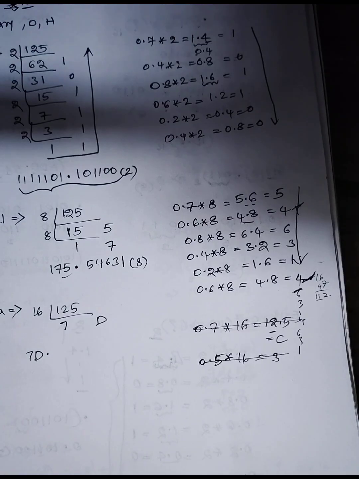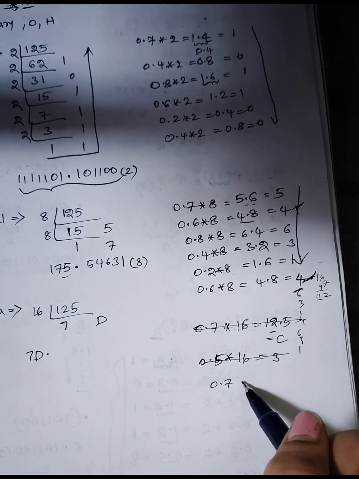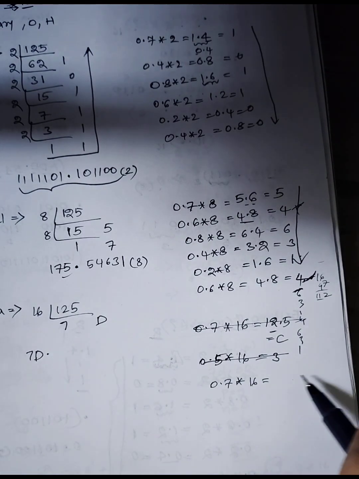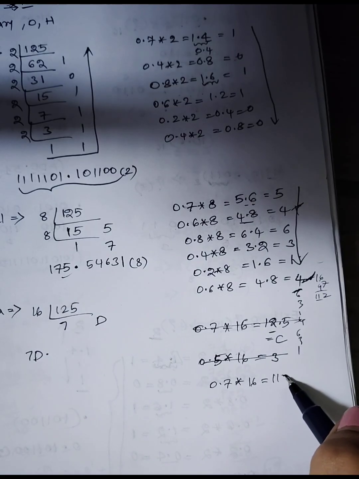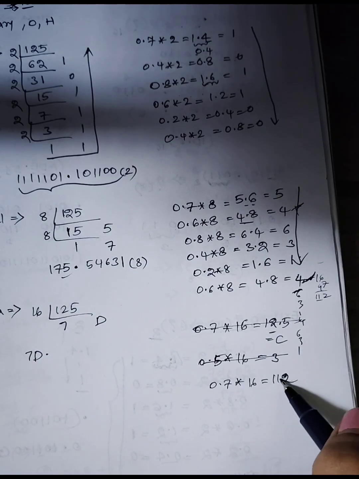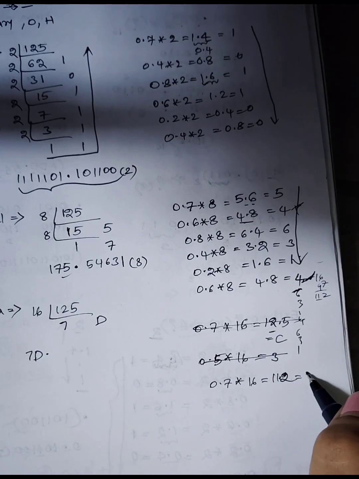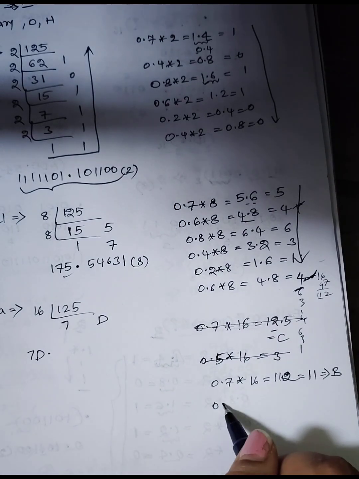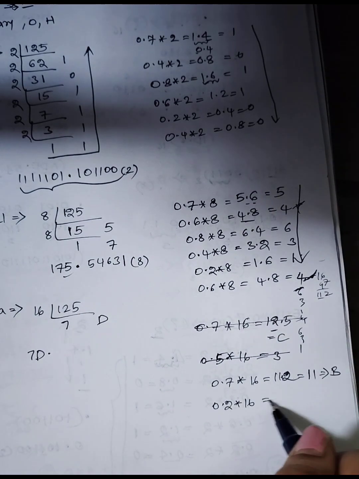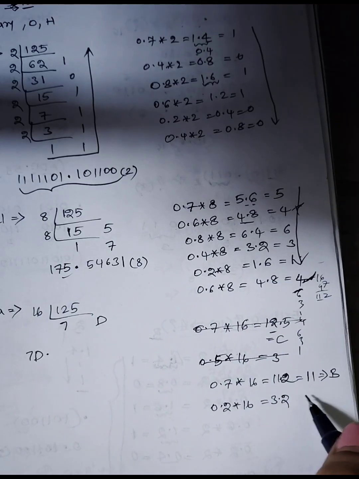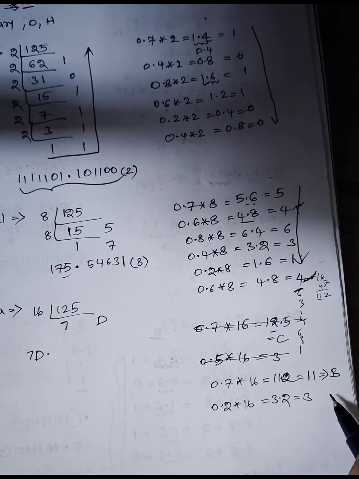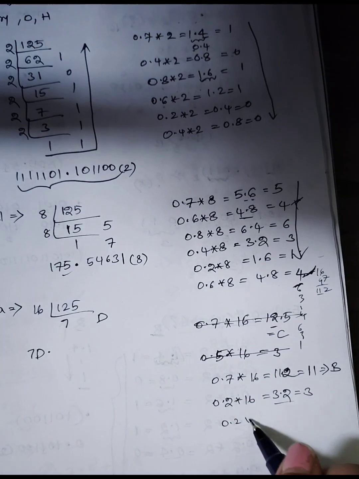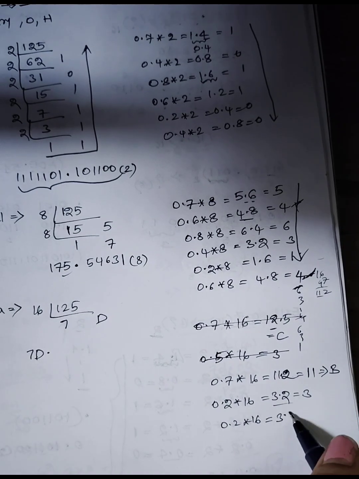And this 0.7 is there, right? Multiply with 16, we will get 11.2. Its floor value is 11, which is B, and consider this 0.2 for the multiplication, it will be 3.2. Floor value is 3, and again consider this 0.2 multiplied with 16, it will be 3.2.